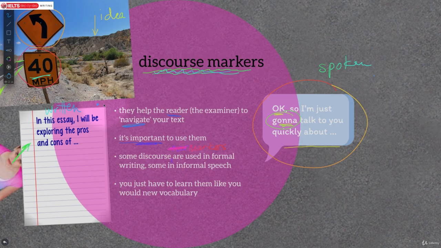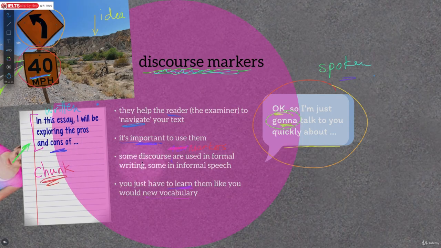So it's a sort of signal, or as I said here, a sort of sign to say, okay, be prepared to listen for the overall message of my, in this case, essay, or in this case, presentation or talk. Okay, and you just have to learn these discourse markers like you would new vocabulary. Okay, this is something called a chunk, C-H-U-N-K.